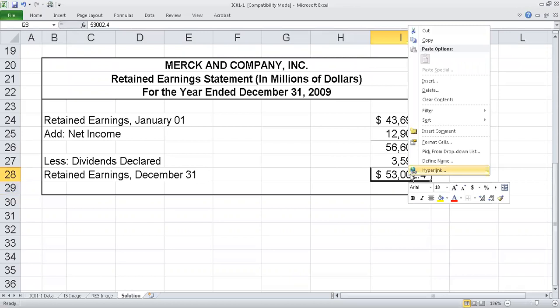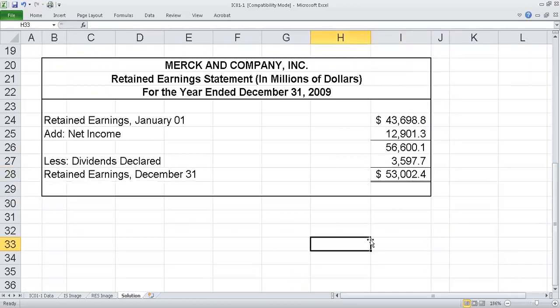And the bottom line figure gets a dollar sign and double underlining. So a dollar sign at the top of each column of numbers, and the bottom line figure always gets a dollar sign and double underlining.